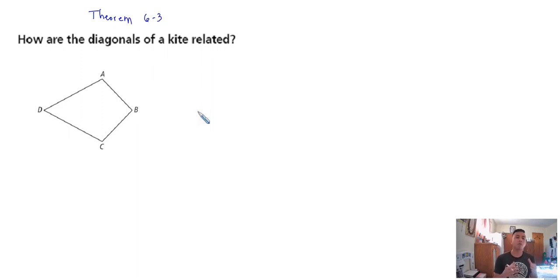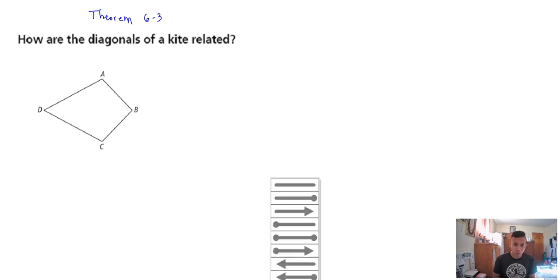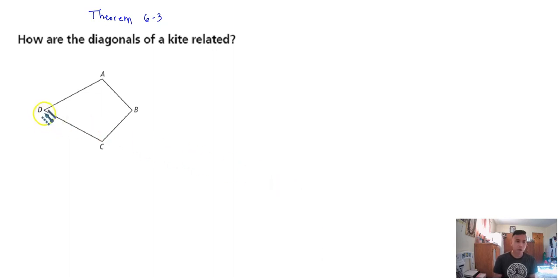If I draw the diagonals of a kite, I'll just do a straight line for each segment. From vertex D I connect to vertex B, and I'm also going to connect vertex A to C. These are the diagonals of the kite.